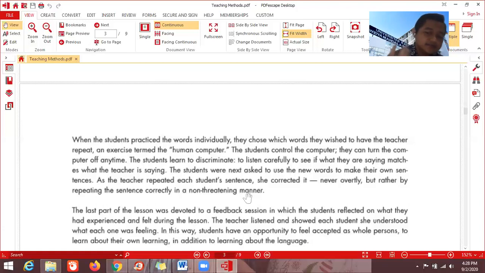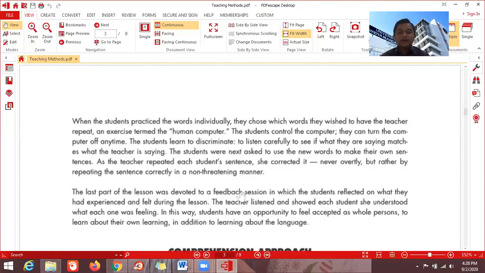All right. You know, the last part of the lesson was developed to a feedback session in which the students reflected on what they had experienced and felt during the lesson. So the part of reflection is very much important. I even wrote a journal article about reflection. Reflection is a contemplation.